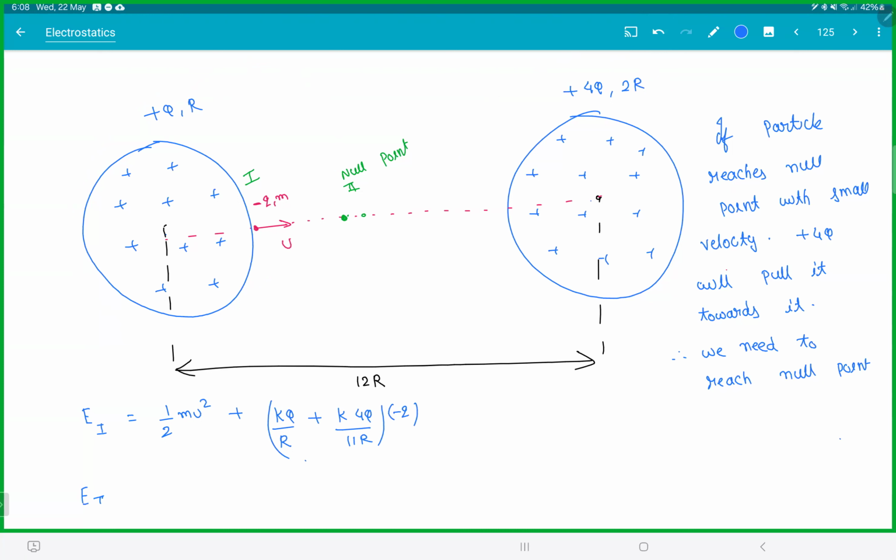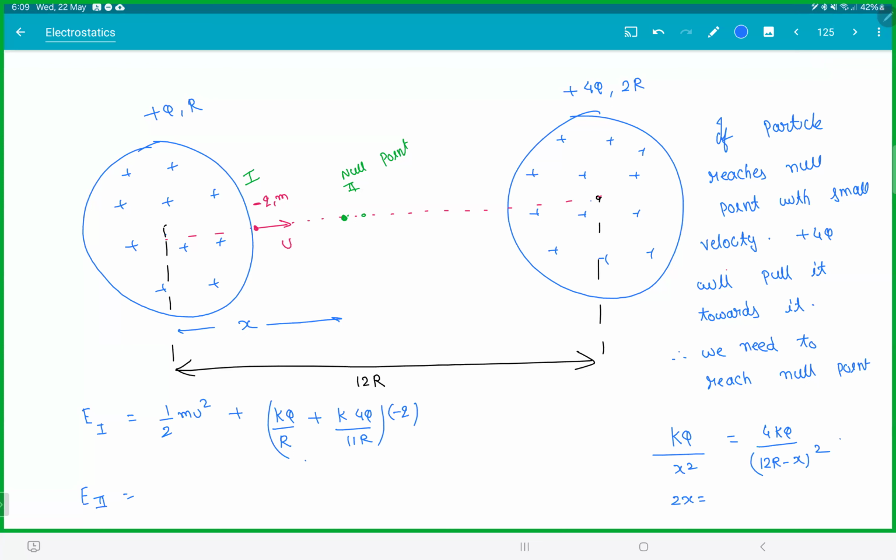And when you say state 2, we have to calculate the null point. Let this distance be x. So it's 3R, I think, meaning 4R if you take it from there. We get kq by x square equals 4kq by (12r minus x) whole square.